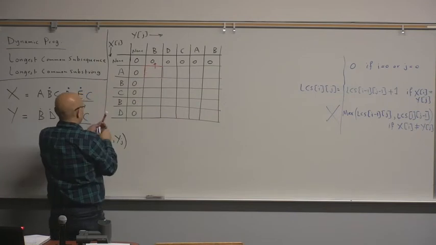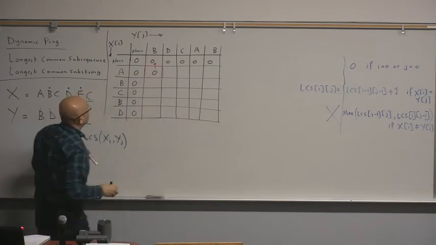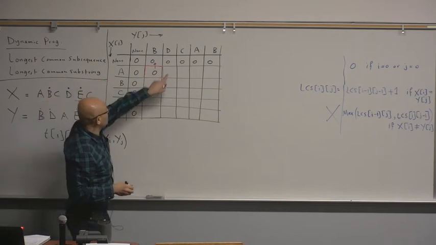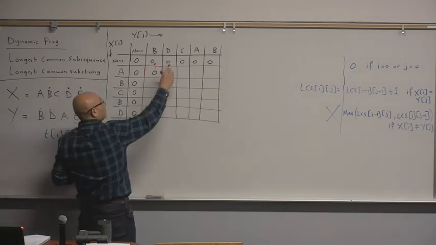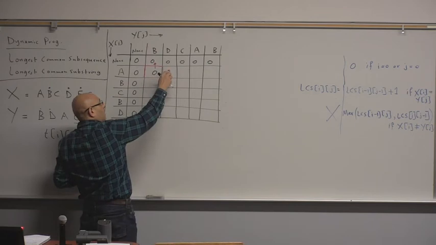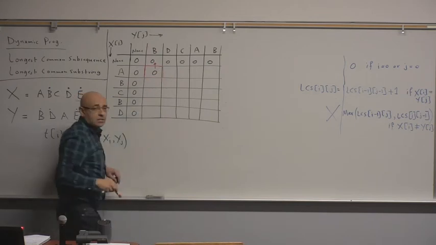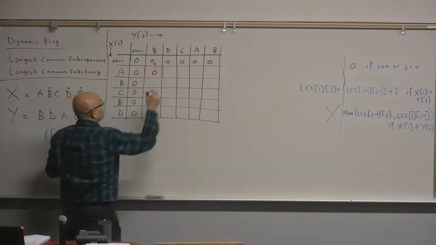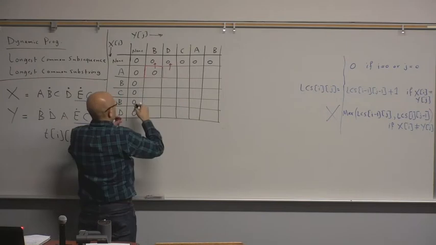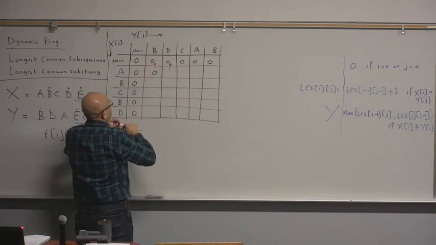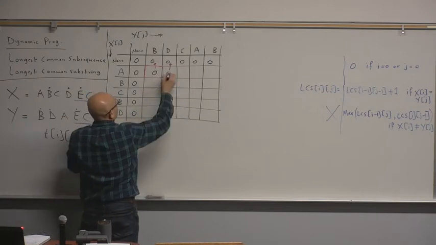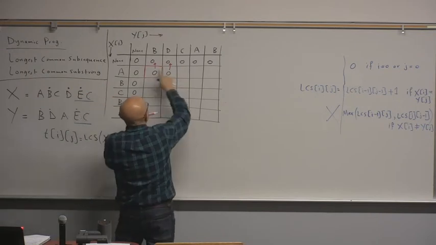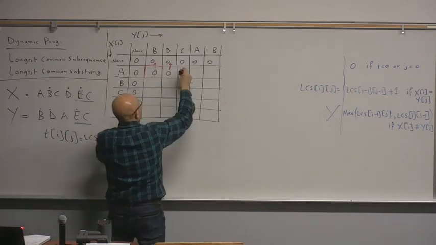Okay, so now this is going to be 0. Again, not equal. We look at the row above and at the column before and take the larger. They are the same, so we take the row above. And that's going to give us 0. Same thing here, because they are different, so we'll get the same thing.